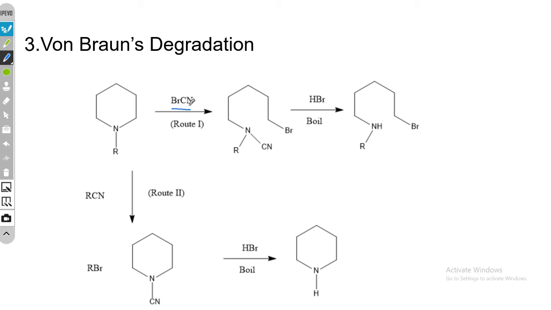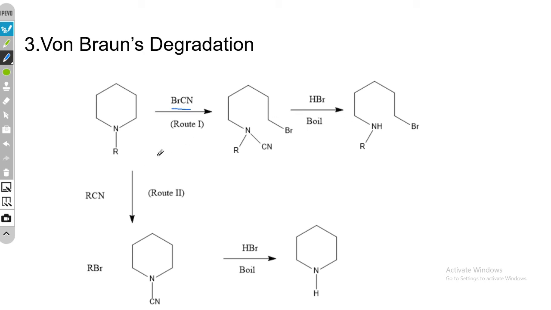Then it results in the cleavage of a CN bond to yield an alkyl halide. Here one CN bond is breaking, and we have a new CBr bond. Okay. On boiling with HBr, it decomposes to a secondary amine.